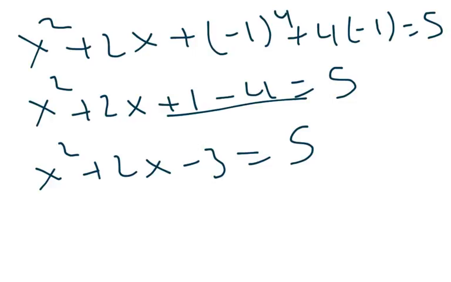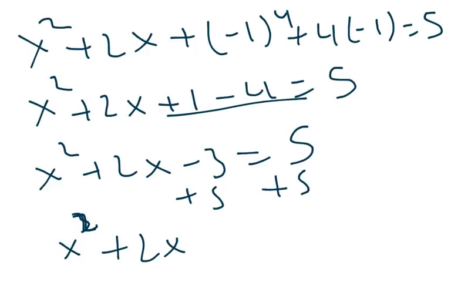So you're trying to make a quadratic, so you move 5 to the left, so you add 5. So the whole equation will become x squared plus 2x minus 8 equals 0. Now you do the diamond, so it's going to be negative 8 at the top, 2 at the bottom. So you do 4 times negative 2.